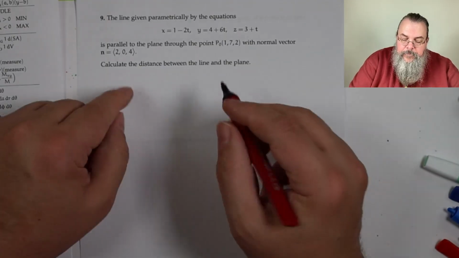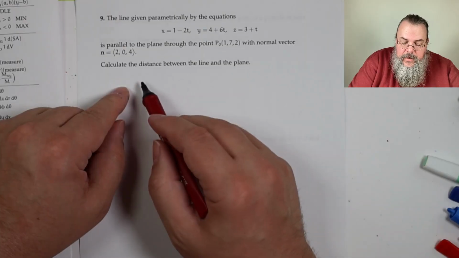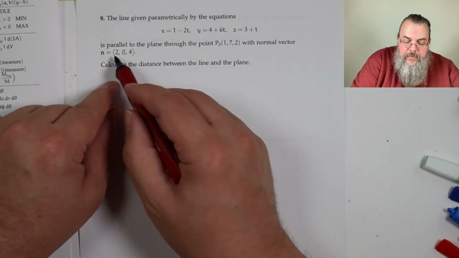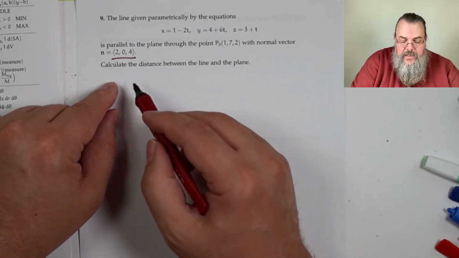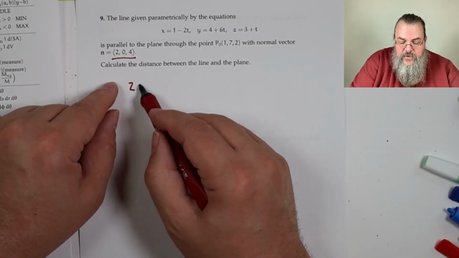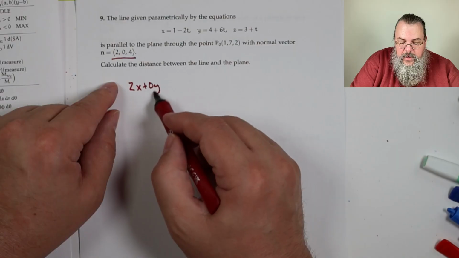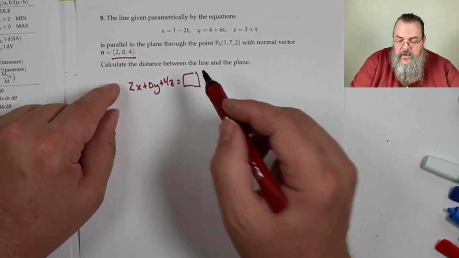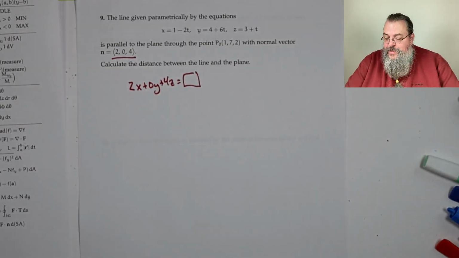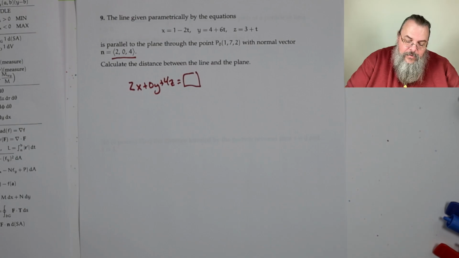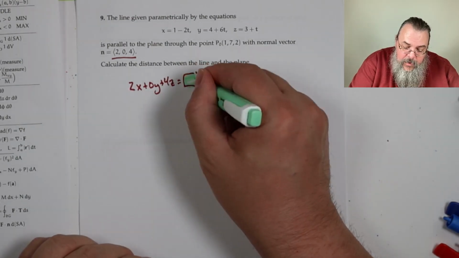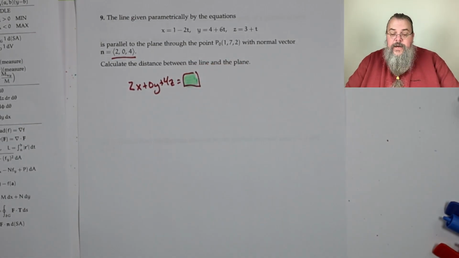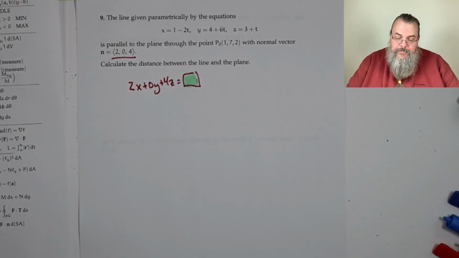Okay, what's our plane? Well, we have 2, 0, 4. So those are our coefficients. 2x plus 0y plus 4z equals something. And now the age-old question, what's in the box? Well, to figure that out, that's where we use our point.